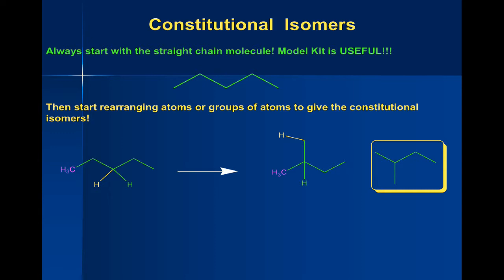So if I change this with this hydrogen, is that what you're saying? If I do that, I get the same thing. This one? I'd end up with the exact same thing. And I'd be able to see that in a model. But I can end up with this. How did I come up with that?